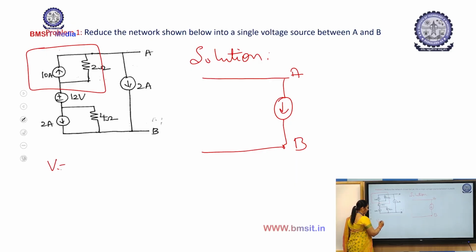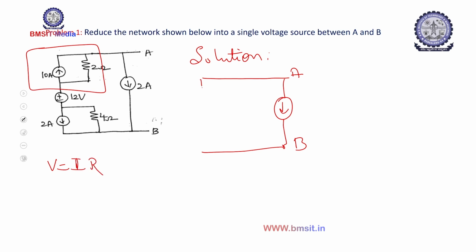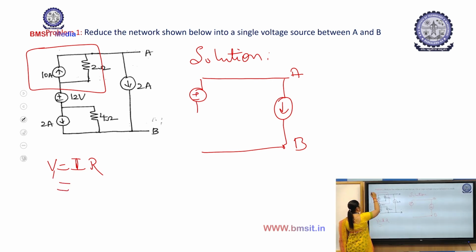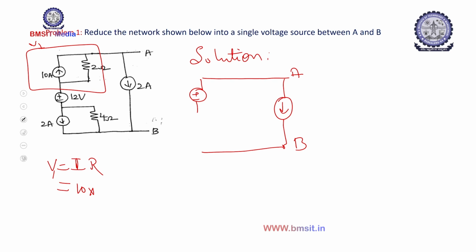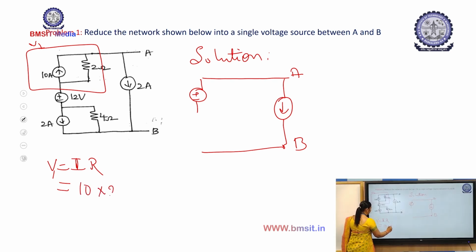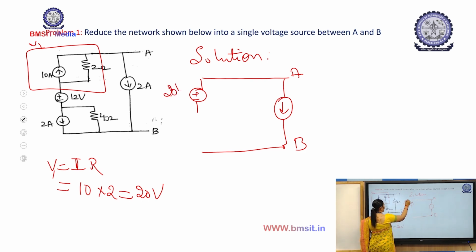V will be equal to I into R. What is the value of the voltage source here? Let us consider it as V1. V1 will be equal to 10 into 2, which is equal to 20 volts. So this source will become 20 volts.